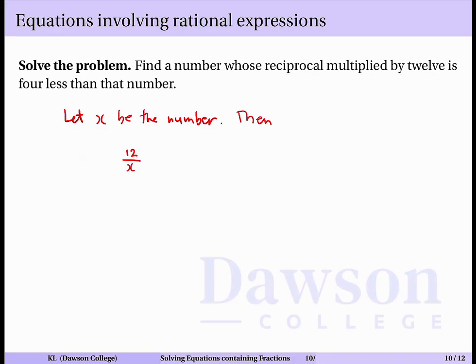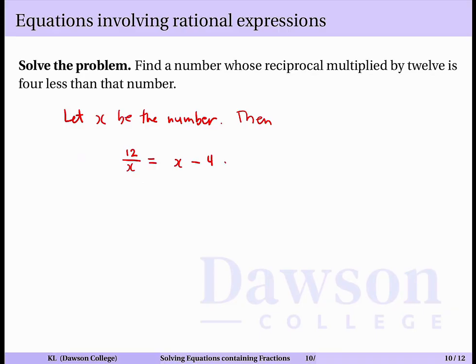The reciprocal of x is 1 over x. Then we'll multiply it by 12 so that we will have 12 over x. This is 4 less than that number. So this is our working equation.